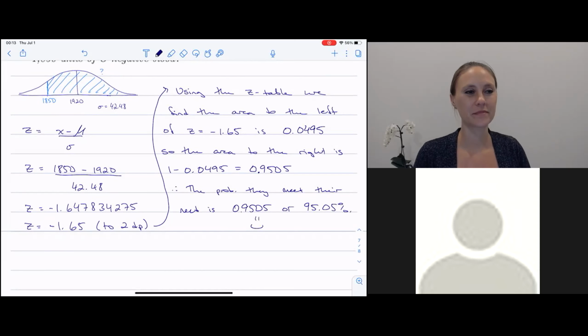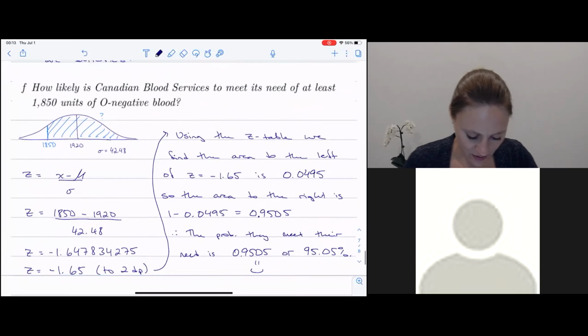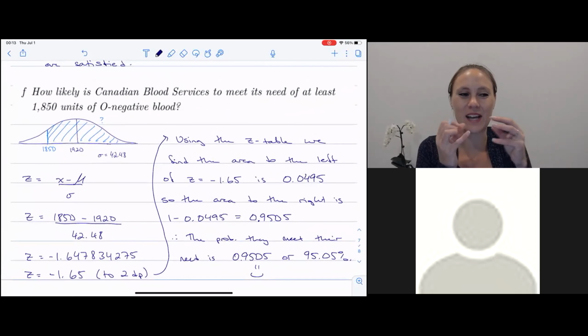Whee! Nice. So kind of a fun way to tie together the binomial distribution and the normal distribution. But yeah, nice work. All right, see you next time.